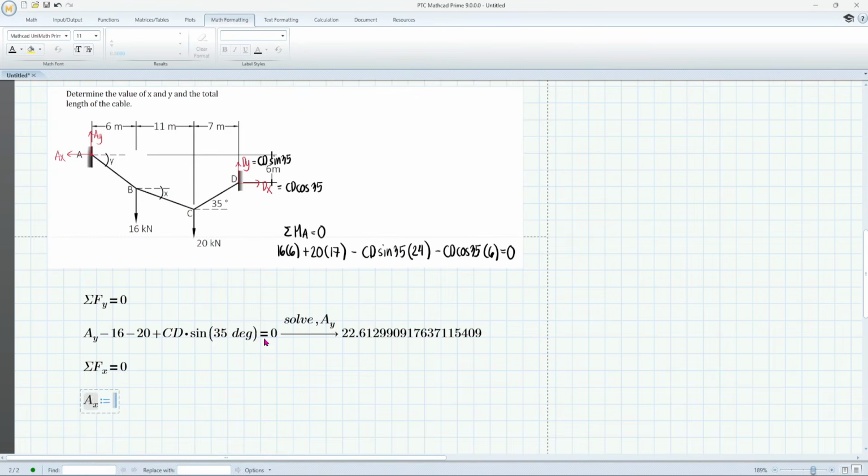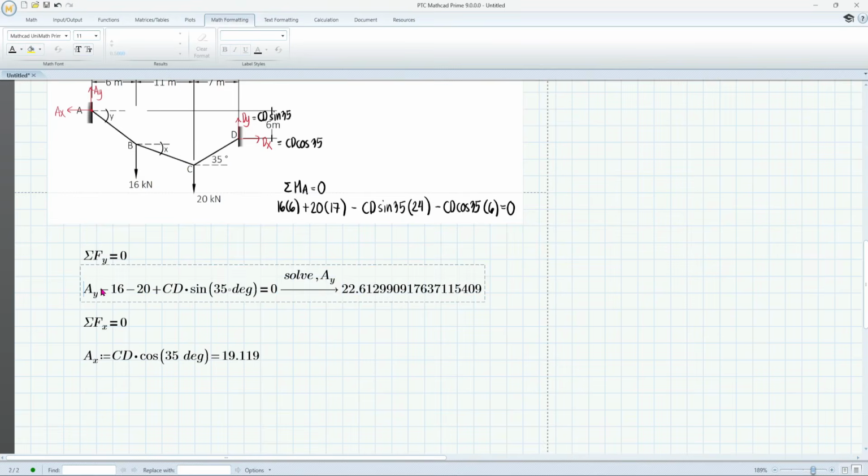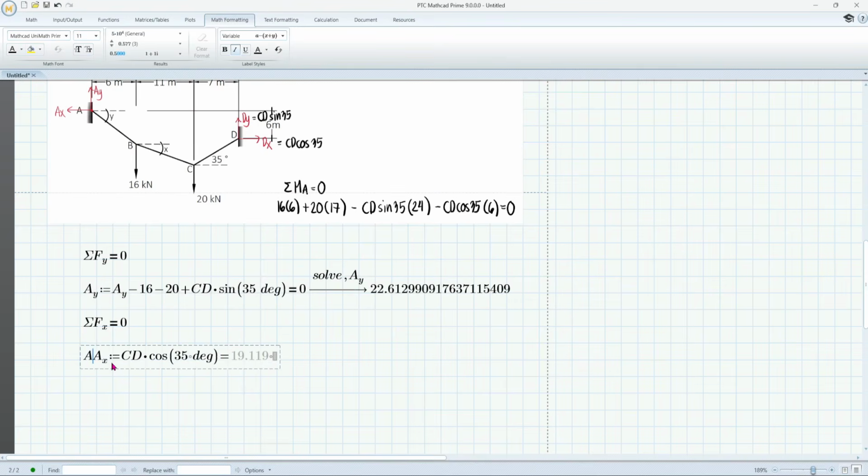AX is equal to CD cosine 35 degrees. So, we would get 19.119. So, store natin yan sa AY. Then, ito naman, store natin sa AX, nakastore na yan sa AX.